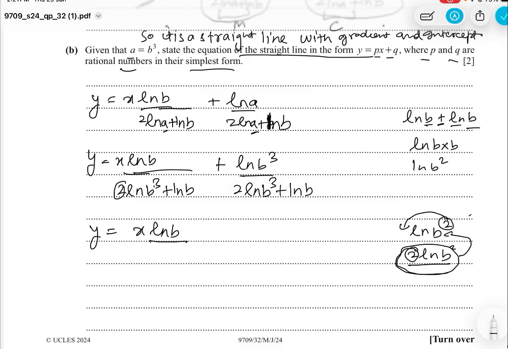This would become ln b to the power 6, 2 times 3 is 6. Yes or no? Plus ln b plus ln b cube upon twice ln b cube. The same we will repeat over here, this 2 will go in power, and plus ln b.